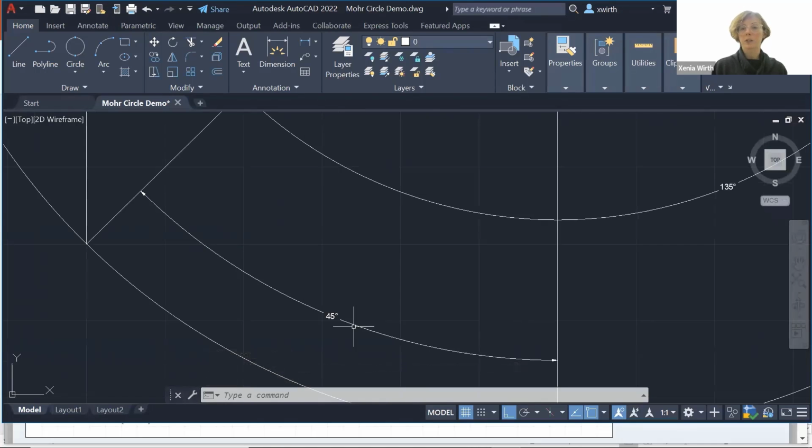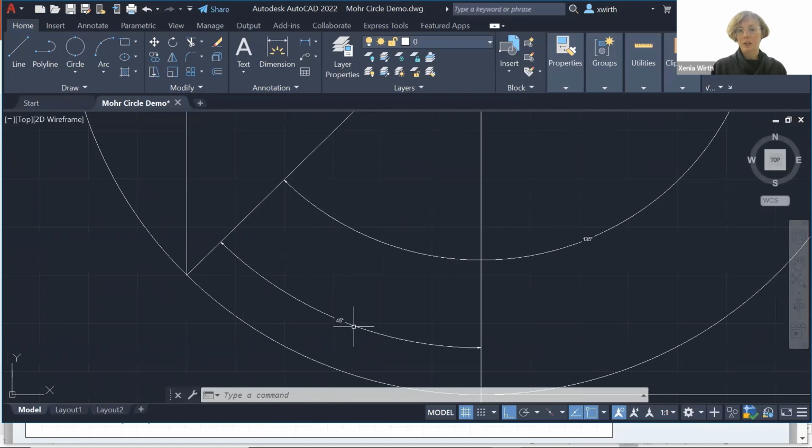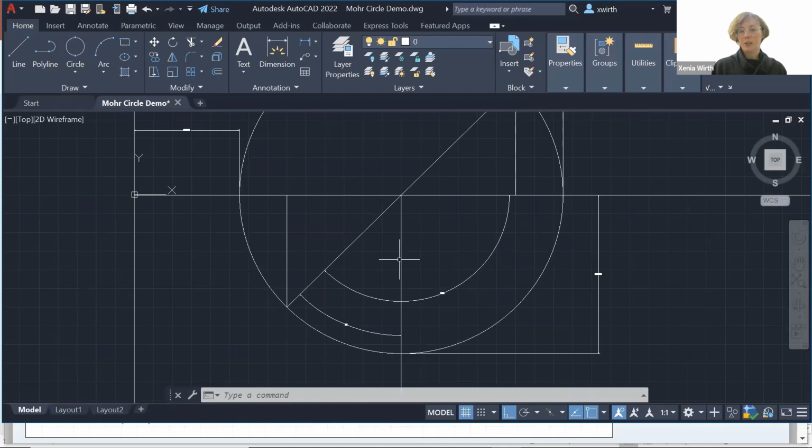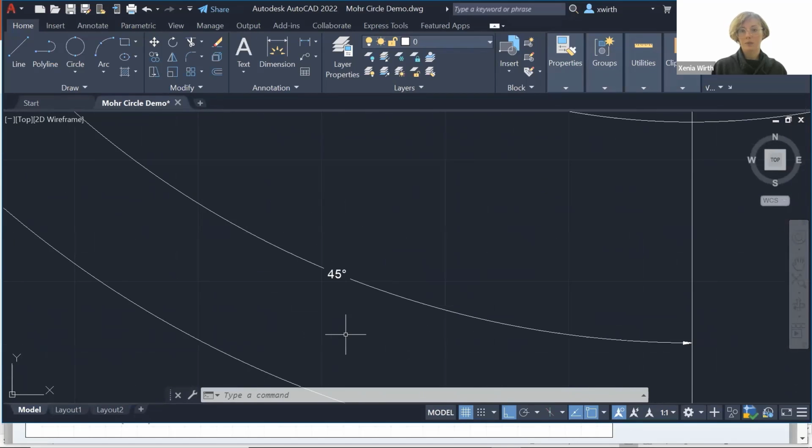Again, this is going to be 2 times the actual angle of the maximum shear stress plane, because I'm representing two stresses that are in reality 90 degrees away from each other as a 180-degree line on this circle. So please keep in mind that you will also need to divide this by 2.